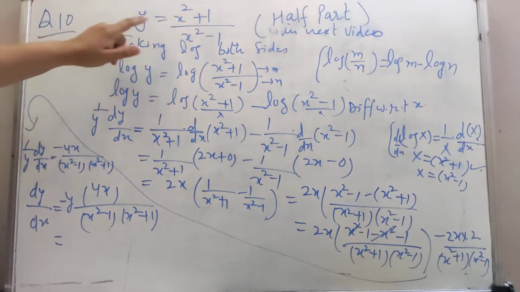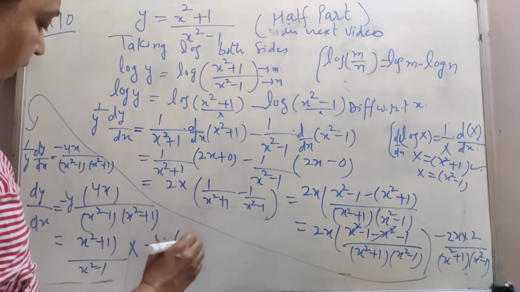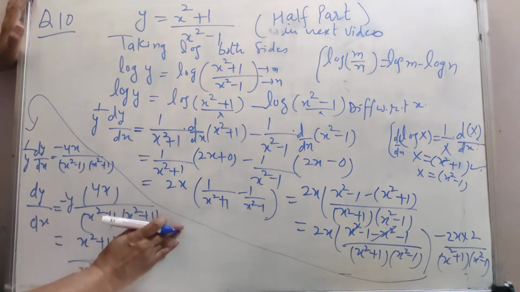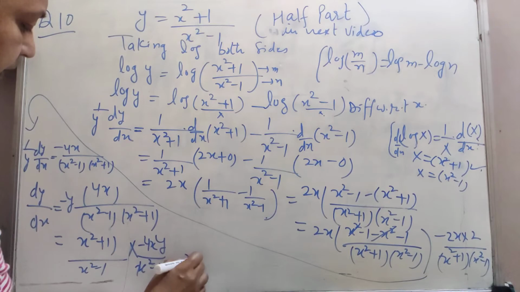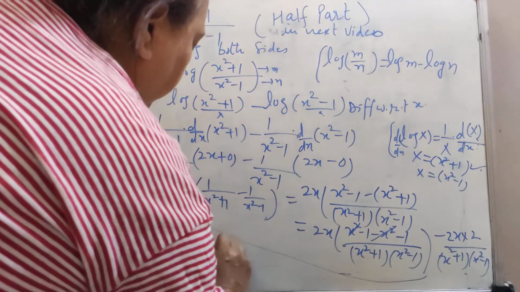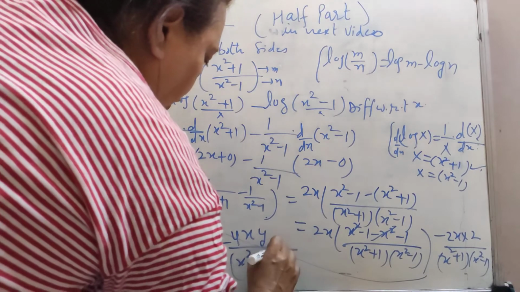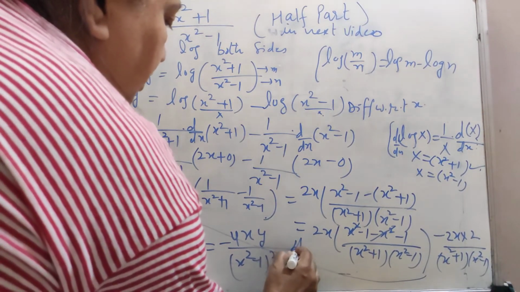Put the value of y, that means x square plus 1 over x square minus 1 into minus 4x, it becomes minus 4x times (x square plus 1) over (x square minus 1) and (x square plus 1). See, x square plus 1 is cancelled. So it will become minus 4x over x square minus 1 whole square. So x square minus 1 is here and x square minus 1 is there. So it will become this, and this is your answer.